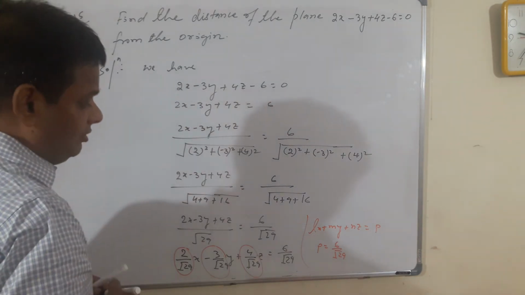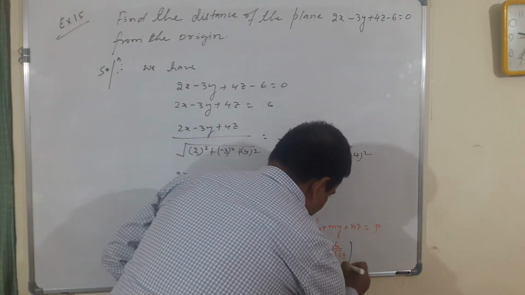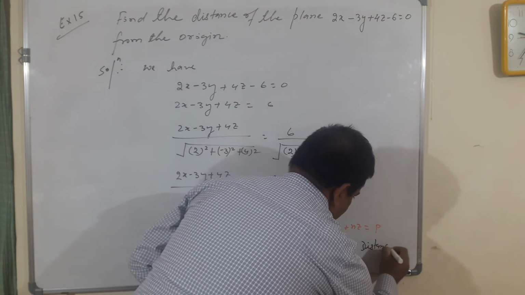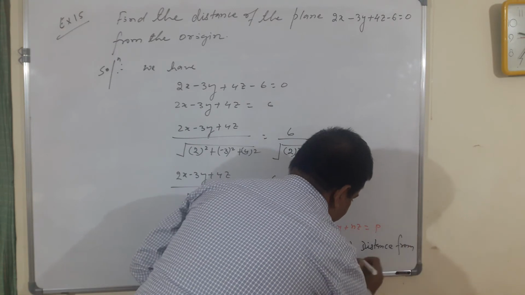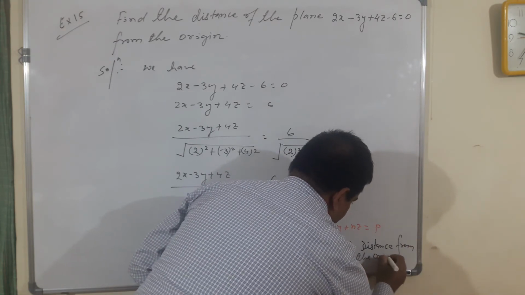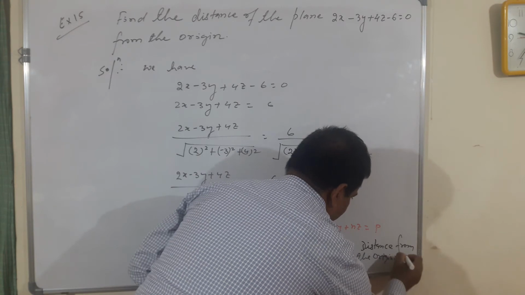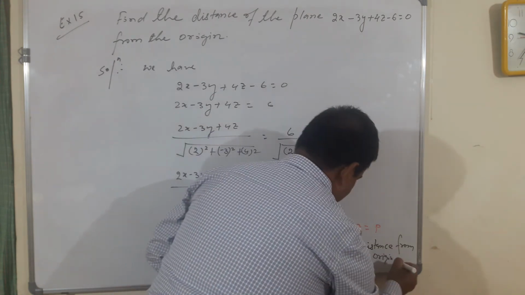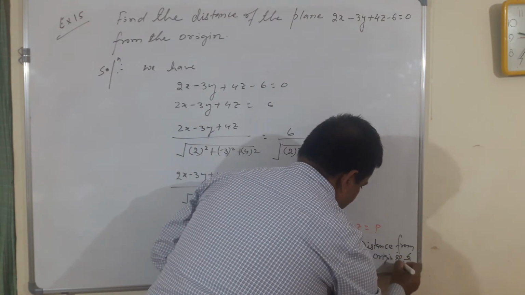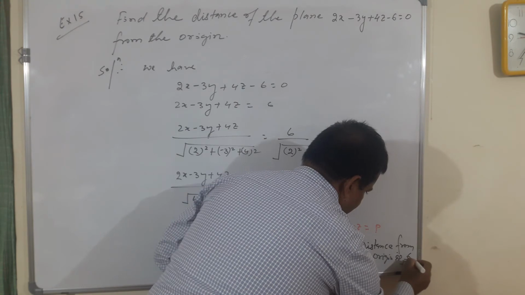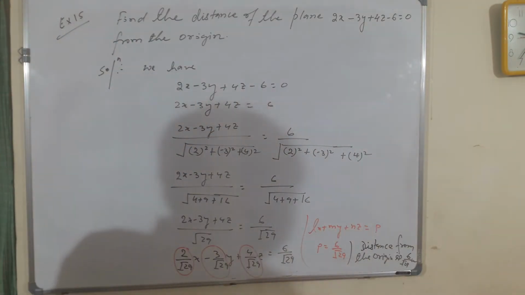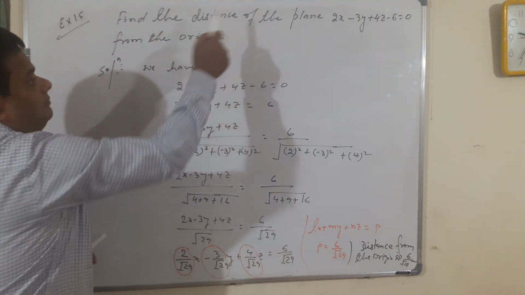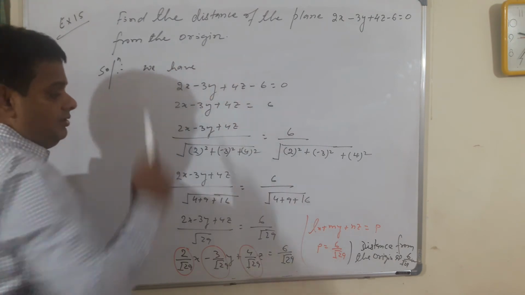So the distance of the plane from the origin is 6 by root 29 units.